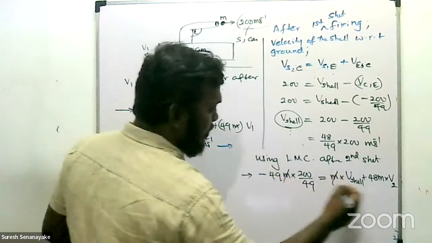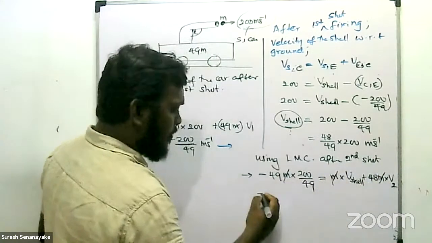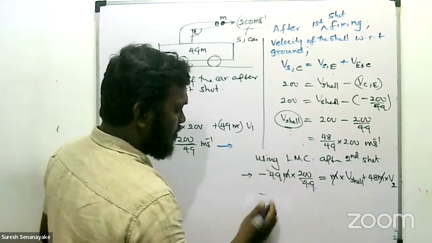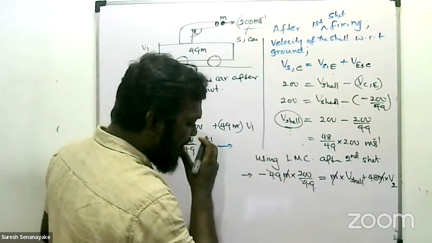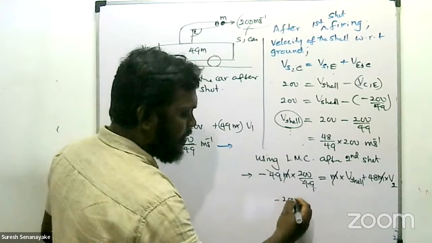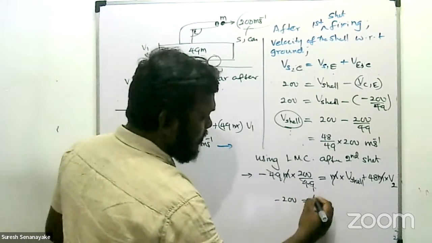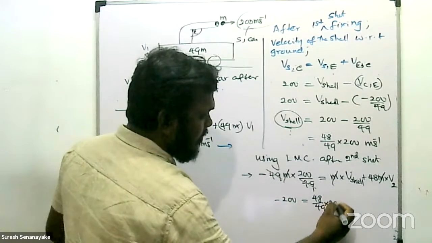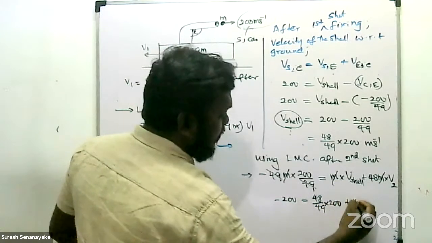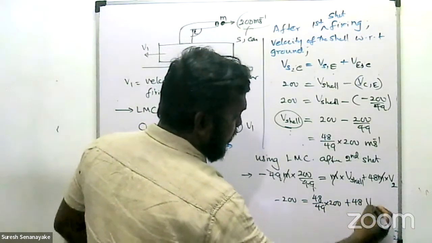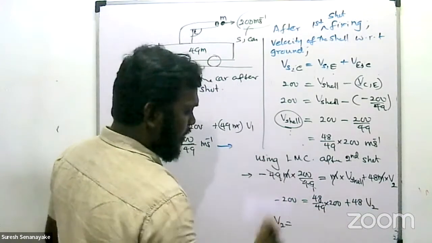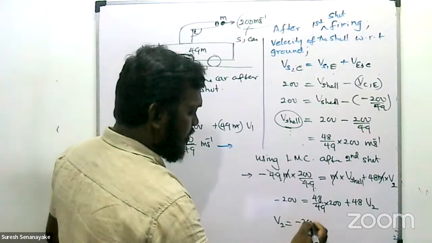This m will cancel, and then this is 49, and 49 will cancel. This minus 200 there, and the V shell is 48 over 49 times 200, and this is 48 V2, then V2 equals minus 200.